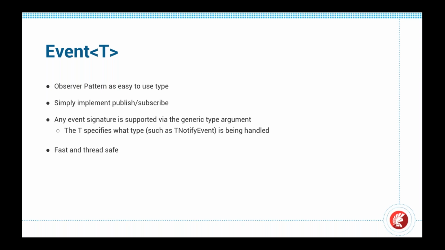It does support any event signature, and that signature is then provided via the generic type parameter here. So if you have a notify event, you specify your event as an event of TNotifyEvent.